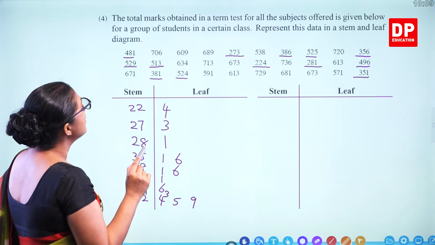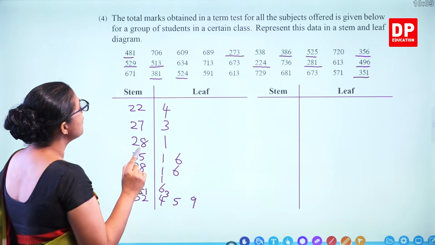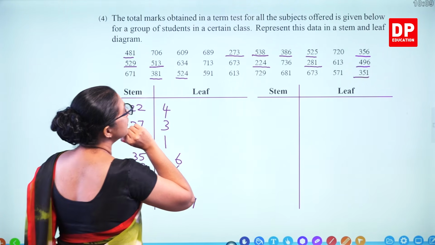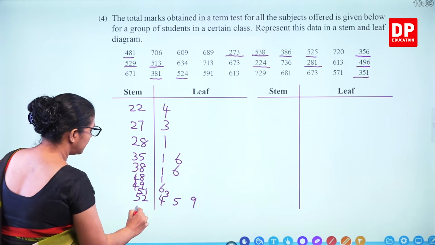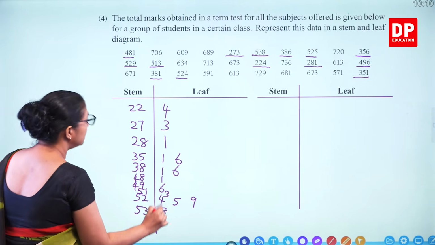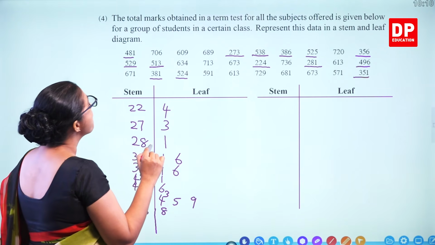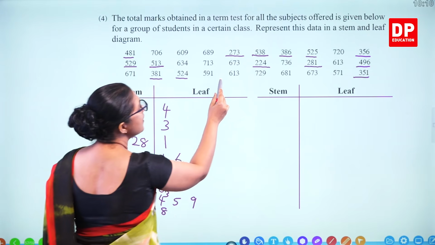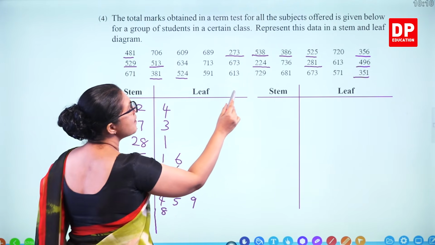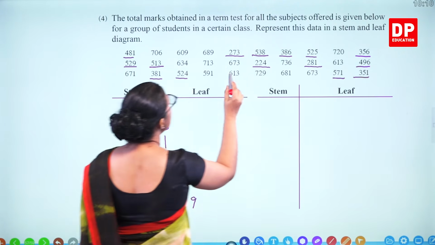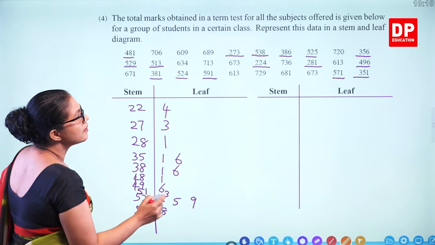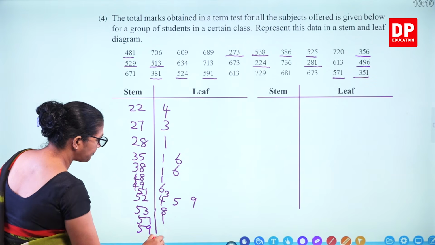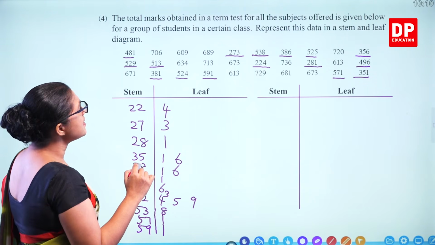Then what are the other numbers? 53 I can see. 53, 8. Then 59 here. But 57 is there. 57, 1 and 59, 1. Then 60s.